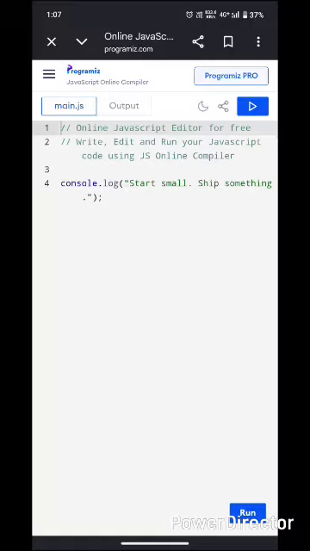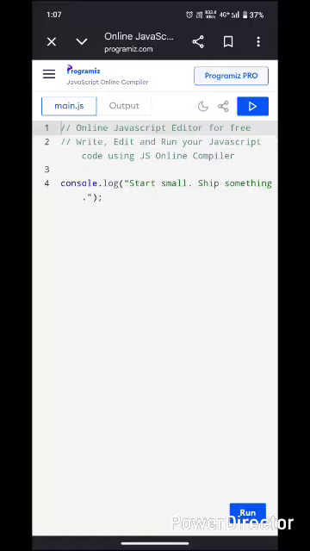What is ECMAScript now? Okay, I told you, right? Slowly, one by one, we will keep unfolding a lot of stories and information about all these things. What is Node.js? What is V8? What is a server? What is ECMAScript? Everything, right? So let me just Google and show it to you.